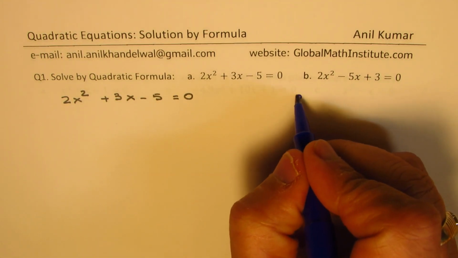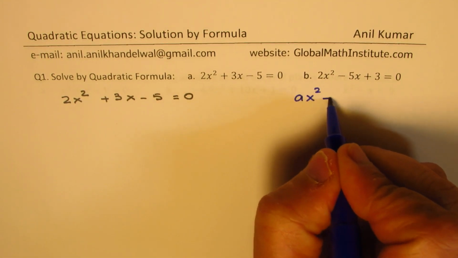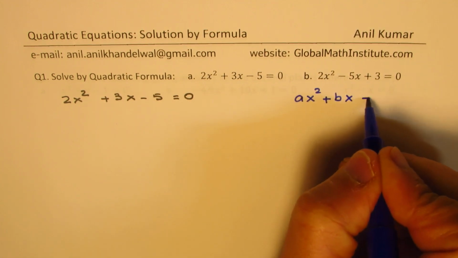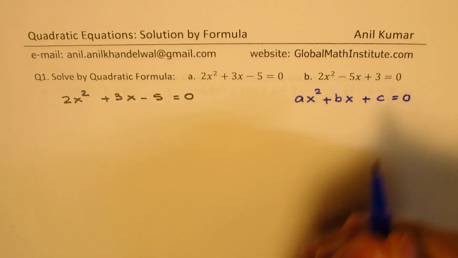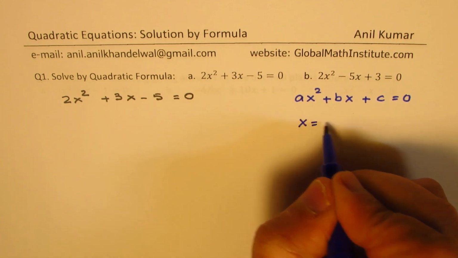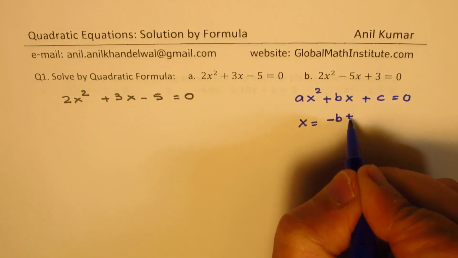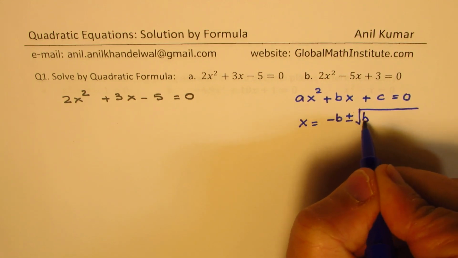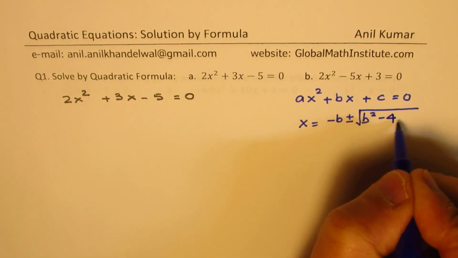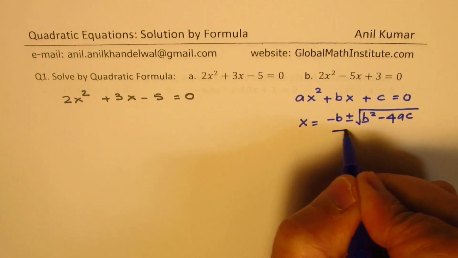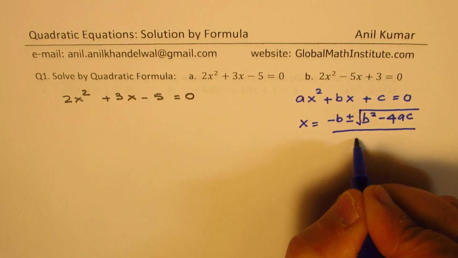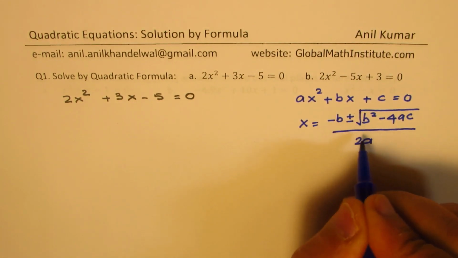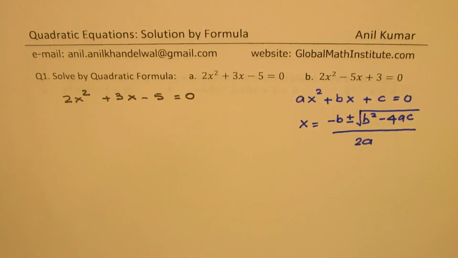For equation in standard form, ax squared plus bx plus c equals to 0, the value of x is minus b plus minus square root of b squared minus 4ac divided by 2 times a. Right? So that is the formula which helps us to provide the solution.